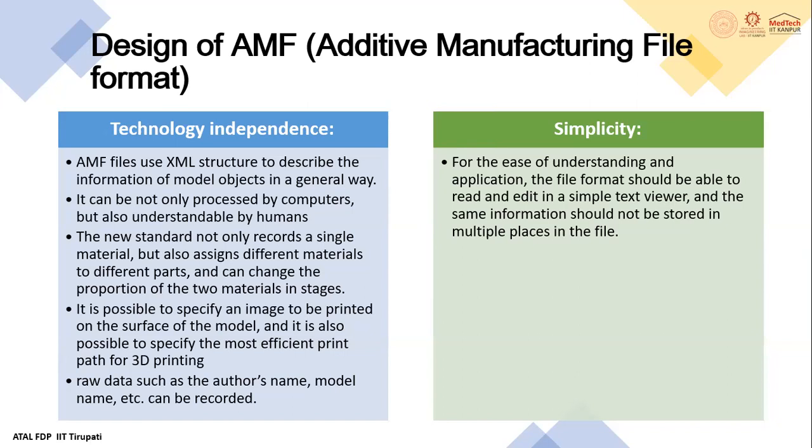The new standard not only records a single material but also assigns different materials to different parts, and these can be changed. It is possible to simplify an image to be printed on the surface of the model. Raw data such as the author's name can also be recorded in the technology independent AMF files. The simplicity makes this file very important.